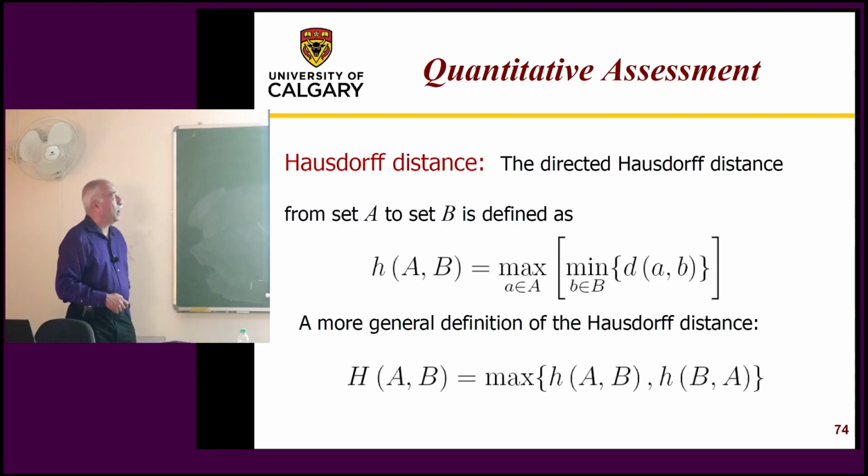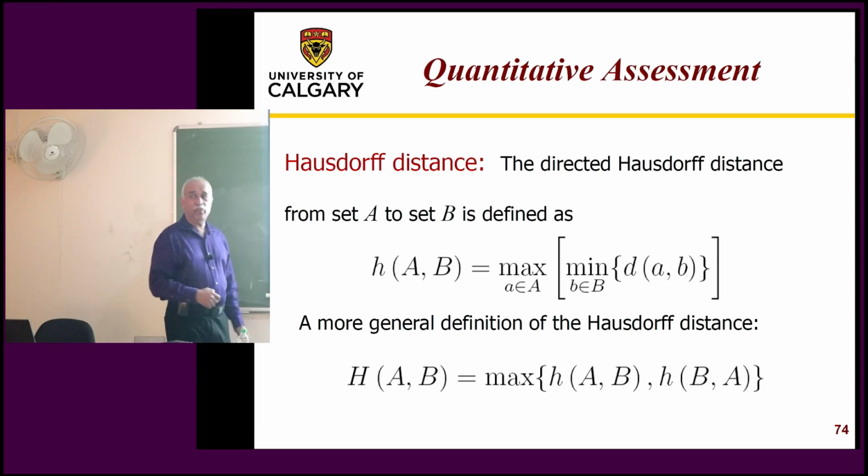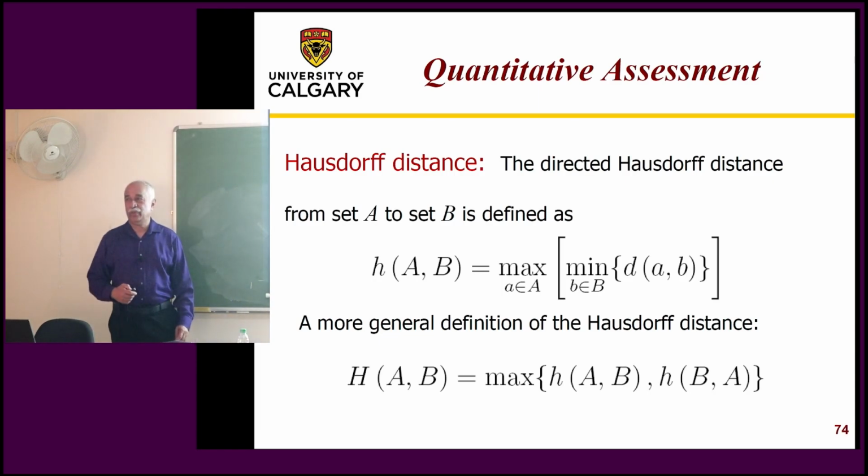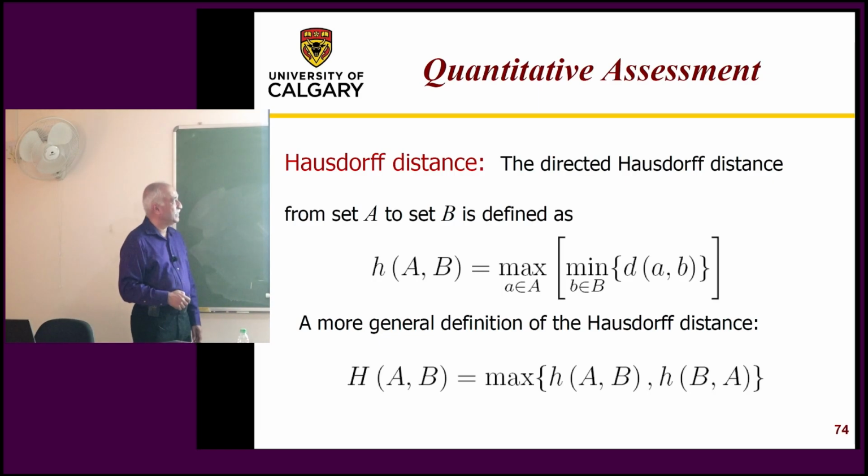One is known as the Hausdorff distance. Now, Hausdorff distance from A to B and B to A will not be the same, so it is called the directed Hausdorff distance.